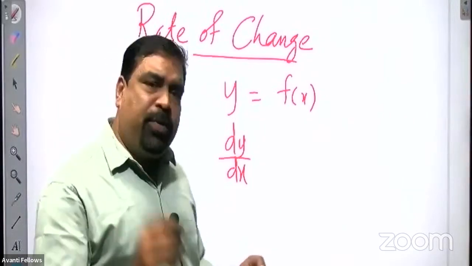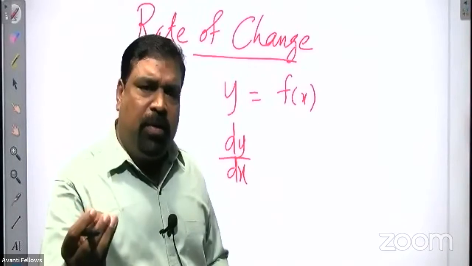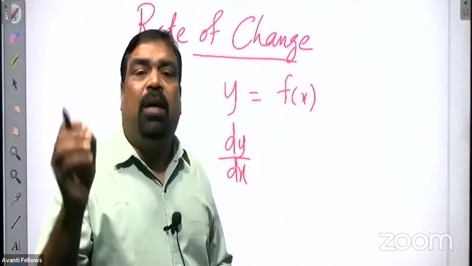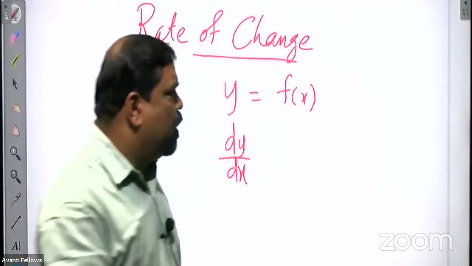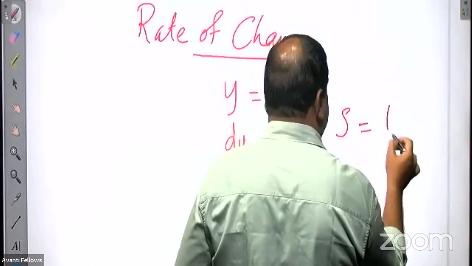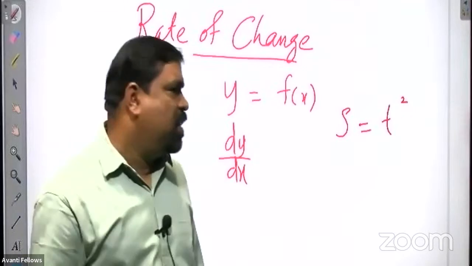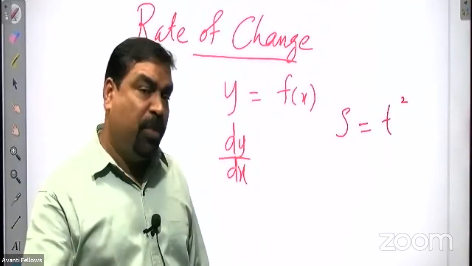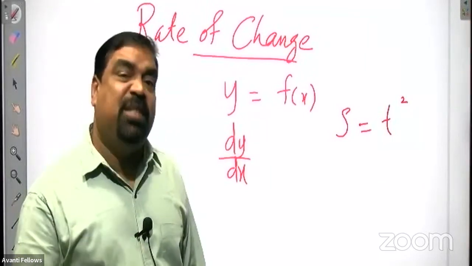Anyway, Isaac Newton developed the fundamentals of calculus in order to find the instantaneous velocity. When the displacement is given, for example, s equal to t square, displacement is given as a function of the time variable, f of t is t square.